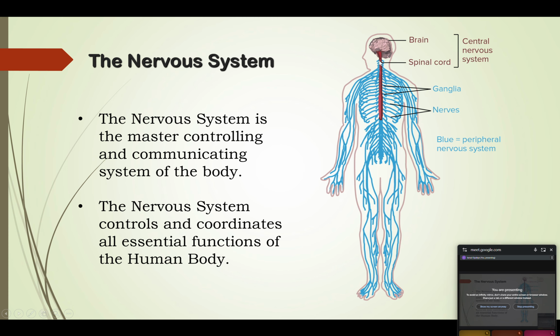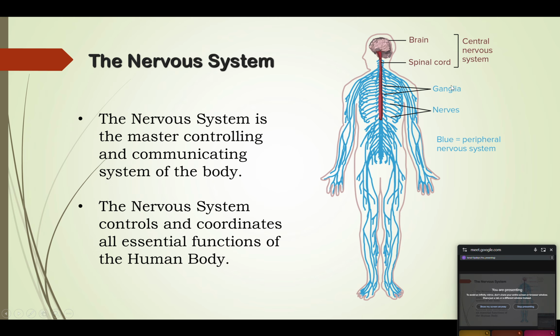So this is a diagram of what we are trying to relate. This is the human body. Here you have the brain. Here you have the spinal cord running down, and then you have all these nerves branching into different regions of the body. The brain and the spinal cord constitute the central nervous system.